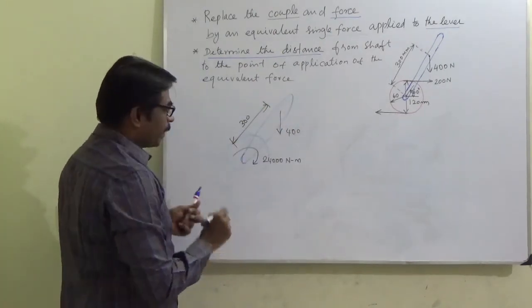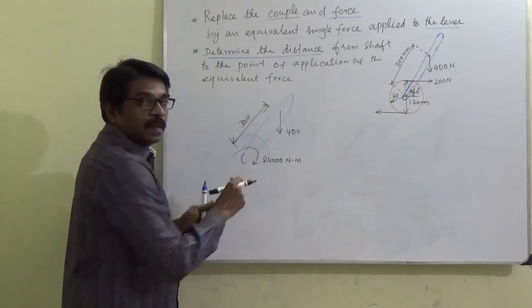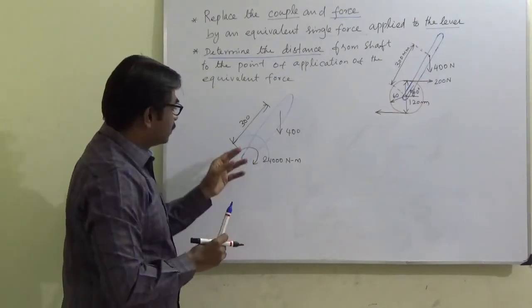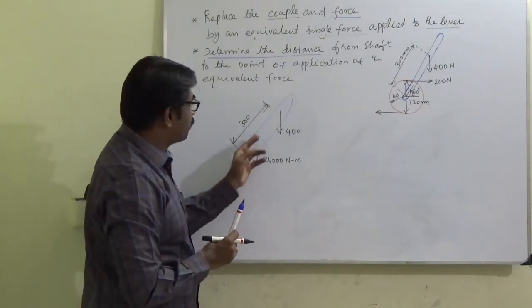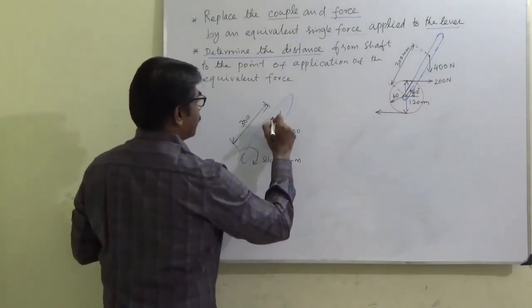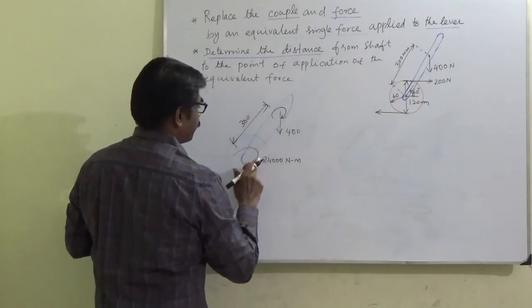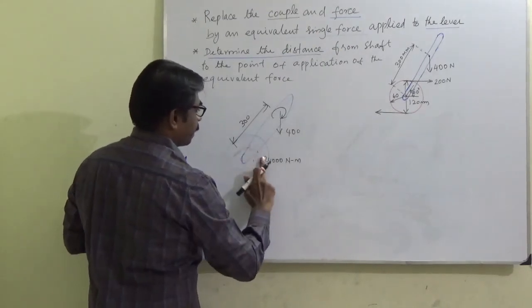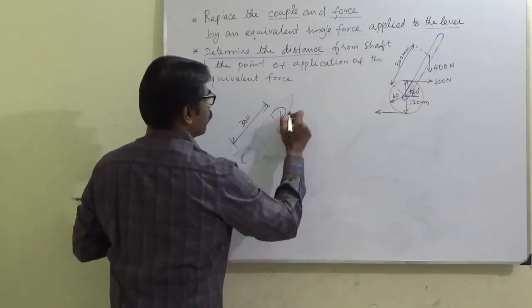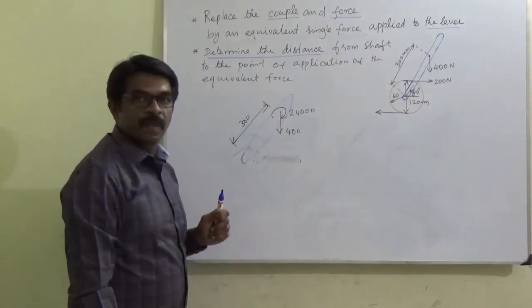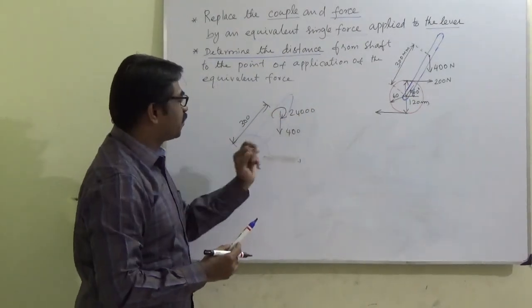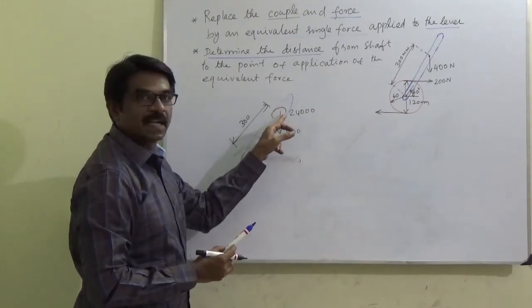Okay. Now, already we discussed couple is a free vector. So if I am placing this couple here, now at this point we have a force and there's a couple.